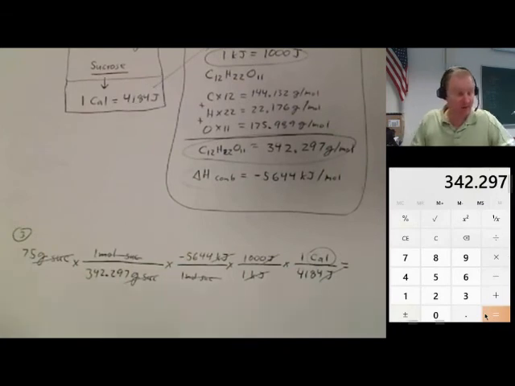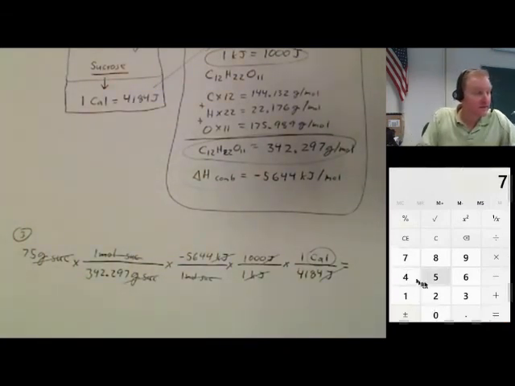Now let's see if we can do the math right. So we're going to take 75 divided by 342.297 times 5644, but that's going to be a negative number, times 1000, and that answer is going to be divided by 4,184.